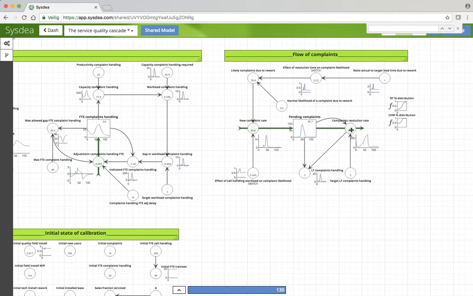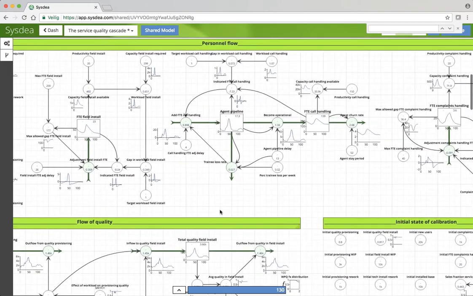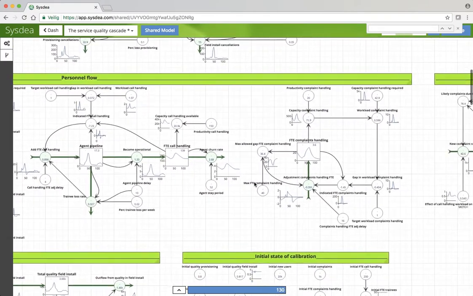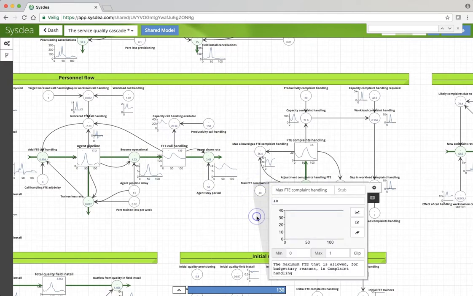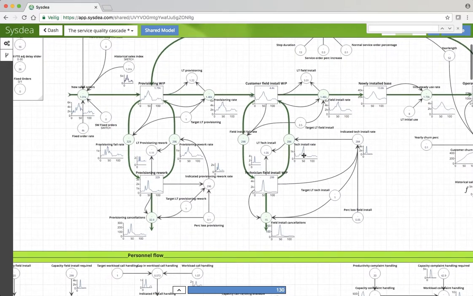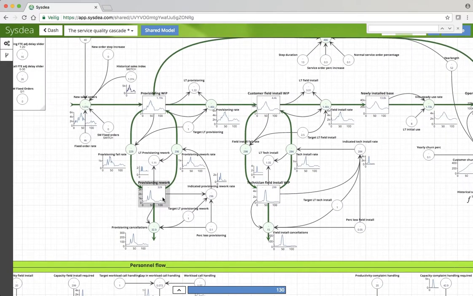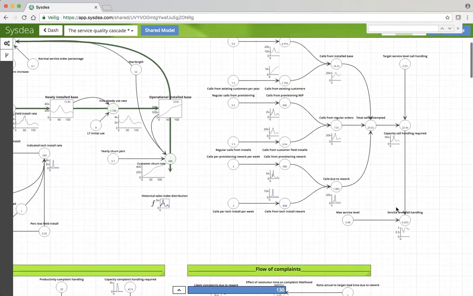And why is the complaints handling rate not greater? That is because the workforce in complaints handling is not allowed to grow beyond 40. With the productivity that goes with that, that simply means that there are not enough people to do the work. So the problem that starts from a huge success in sales cascades down to a peak in rework, which cascades down to an even bigger peak in call load.